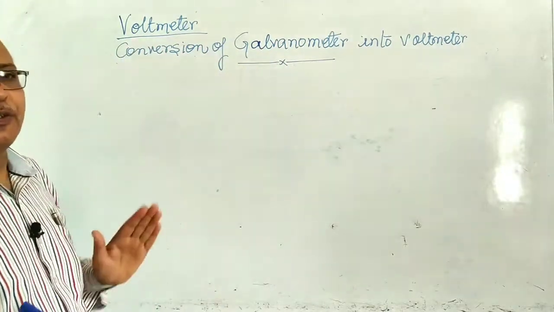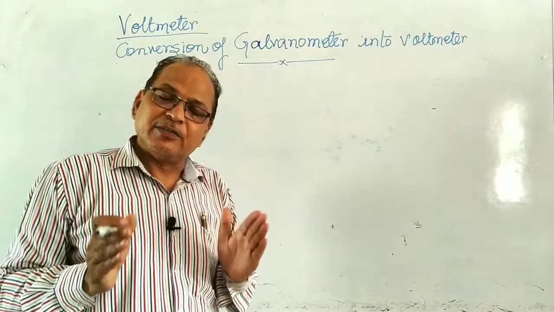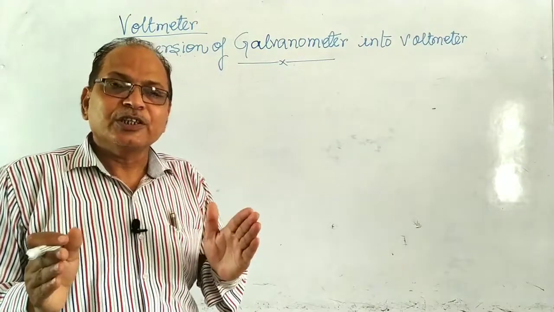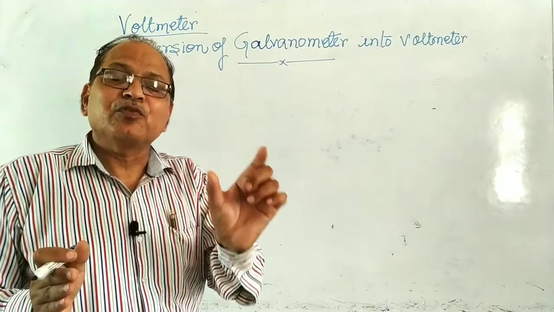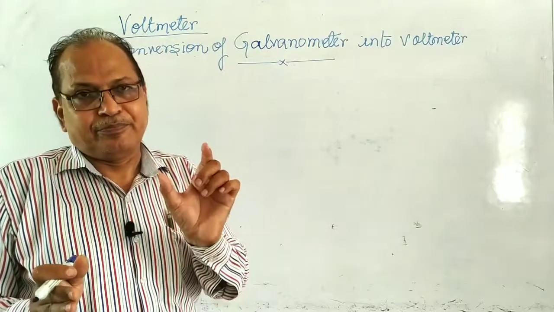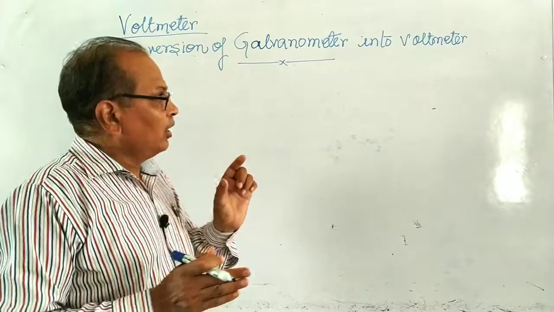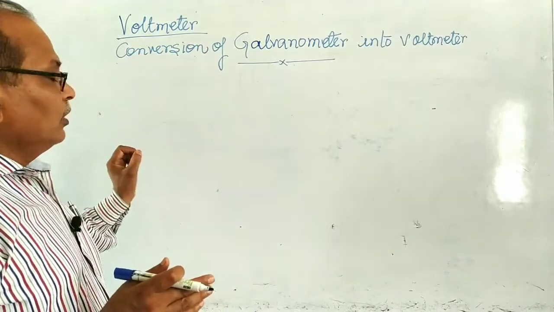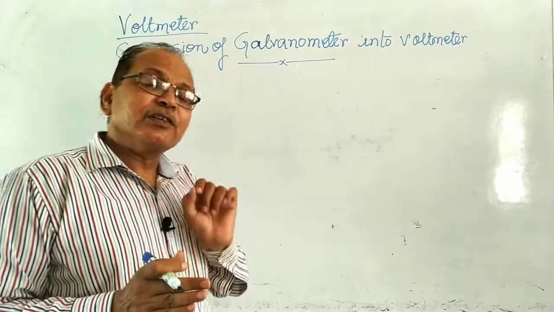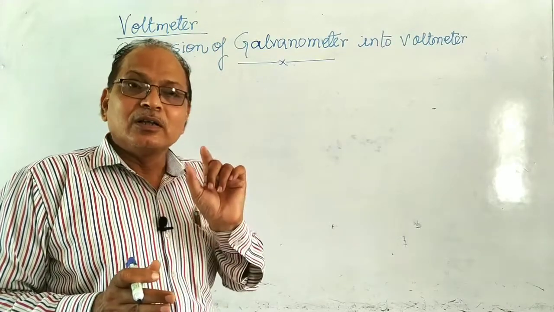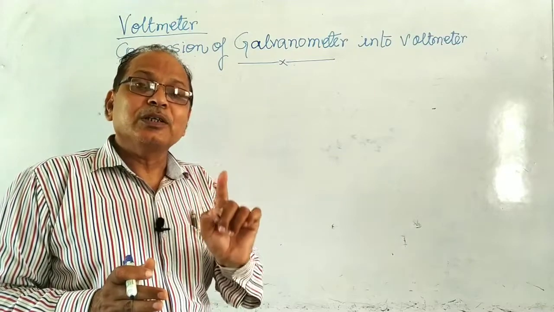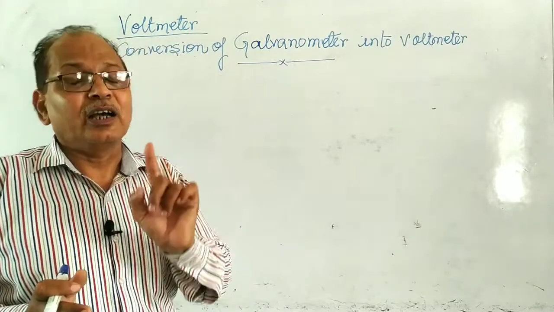First of all, the voltmeter. A voltmeter is a device which can measure the potential difference between two points. If it measures the potential difference, this shows that the resistance of the voltmeter is very high.